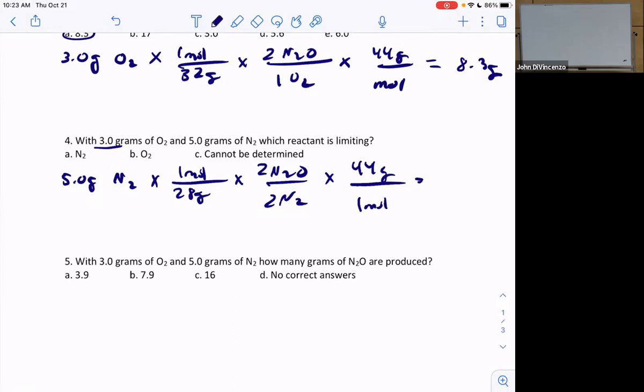What is it, 7.9? 7.9 grams. So that tells us, and that's going to be the answer to our next one, 7.9 grams. That tells us that N2 is limiting, and we will get 7.9 grams. Questions? We good?